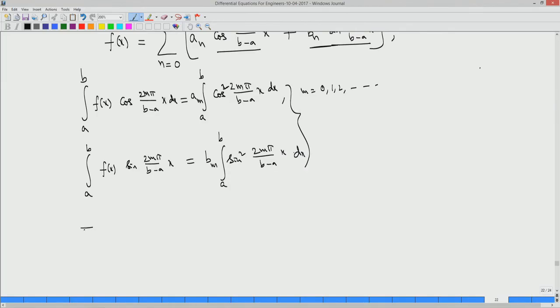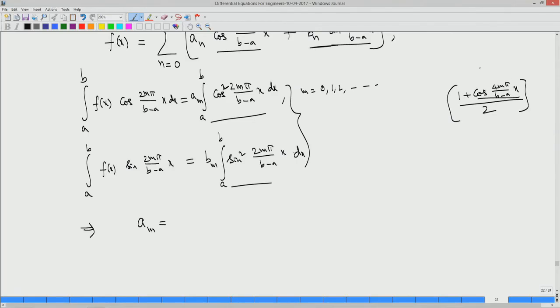So this will give me those Fourier coefficients a_m; you can now calculate these integrals. That is (1 + cos(4mπ/(b−a) x))/2. Once you evaluate the cosine term, it will become 0: as earlier, cosine at a minus cosine at b, that is 0.